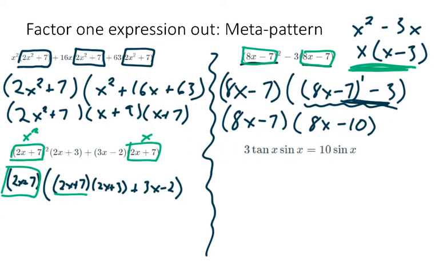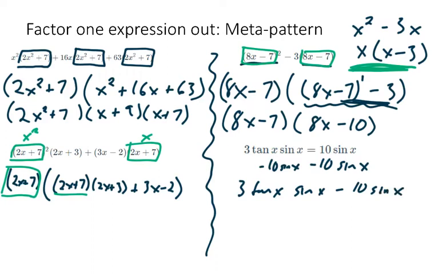Now, also take a look over here. This looks, again, completely different, probably, but I'm going to rearrange this. I'm going to subtract this on one side, and whatever I do to one side, I do to the other. So I'm left with 3 tan x sine x minus 10 sine x. And what do we have in common for both of them?